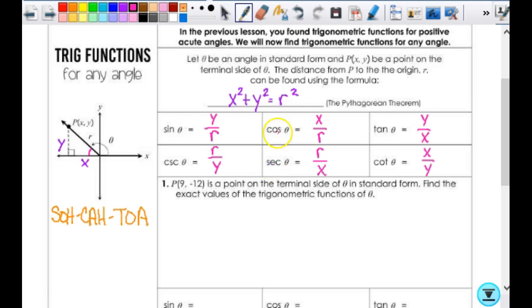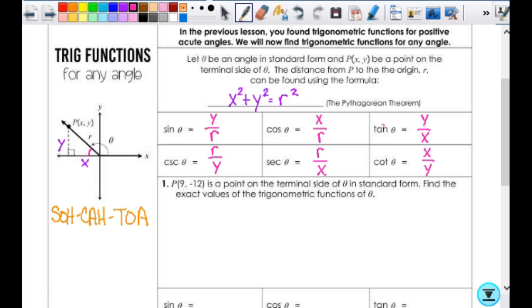So there's only one co in each pair, think of it that way, and none of the pairs of reciprocals start with the same letter. You're not going to put cosine with cosecant. That doesn't make any sense. It's cosine with secant, sine with cosecant, and then tangent's the reciprocal of cotangent. Okay? And this whole x, y, r thing, you can always relate it back to a right triangle with your SOHCAHTOA to keep all of that straight.